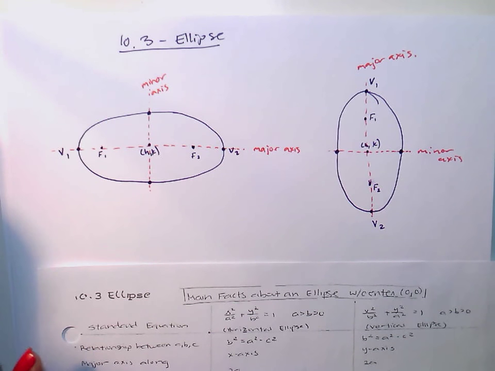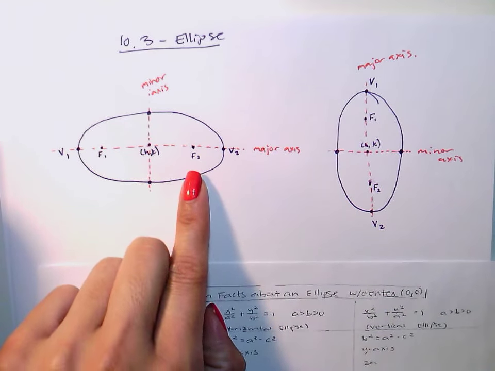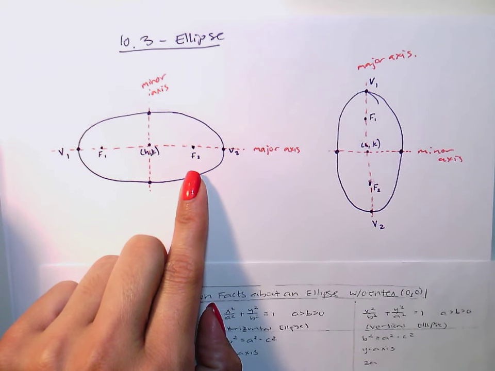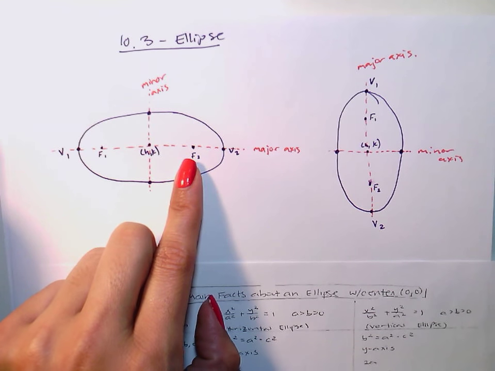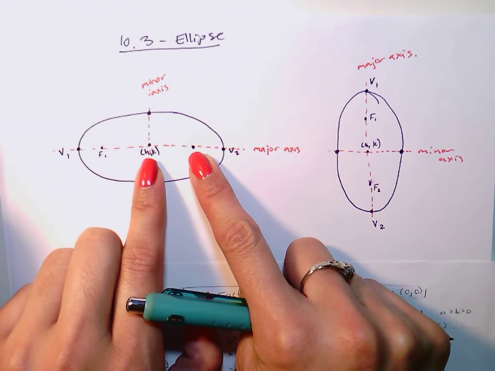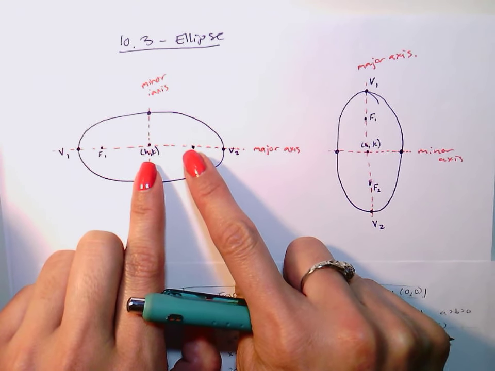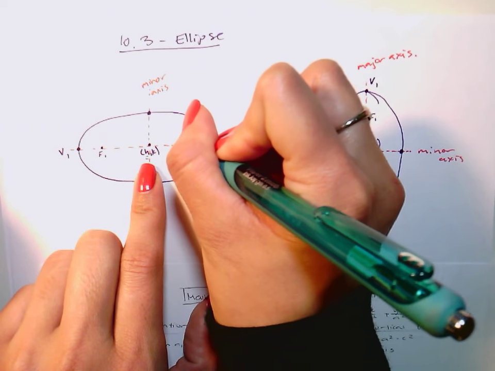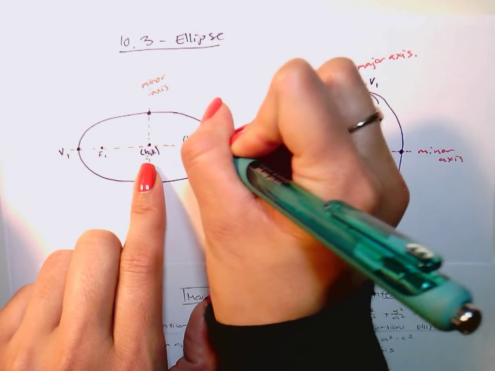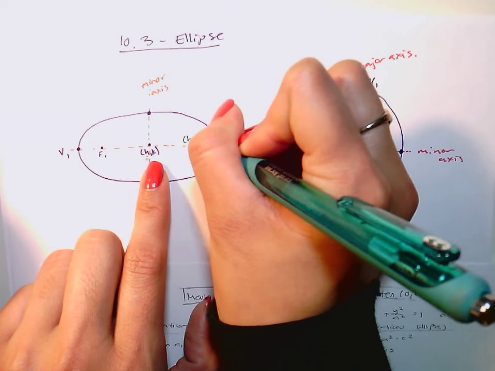So in order to find all of these points, let's first start with the focus. The distance between the center and the focus is equal to c. If this distance is equal to c, that means I'm going c units to the right, which means I would end up changing the h. I would add a c to the h. So (h + c, k).